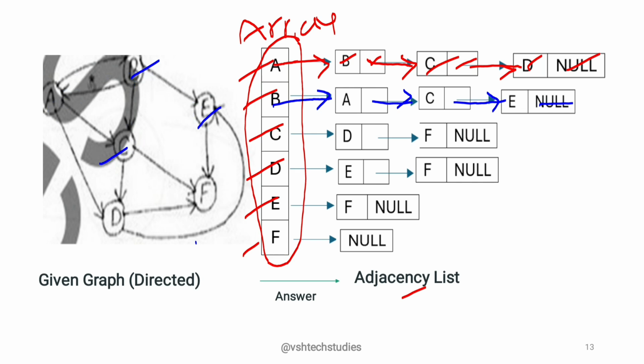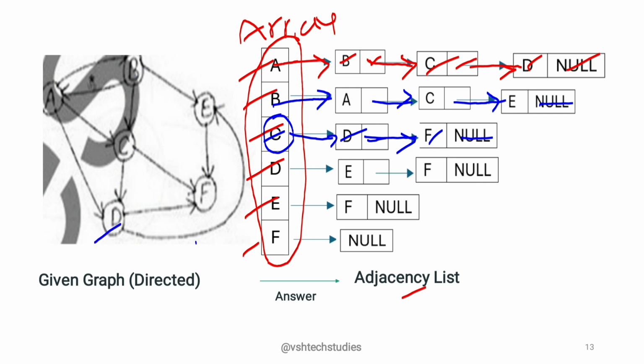Next, for C, there are arrowed lines C to D and C to F. So in the memory location which corresponds to vertex C, the address of node D is stored. In node D's memory location, the address of node F is stored, and the memory location of F is stored with null, because only two elements are connected to C with directed lines.